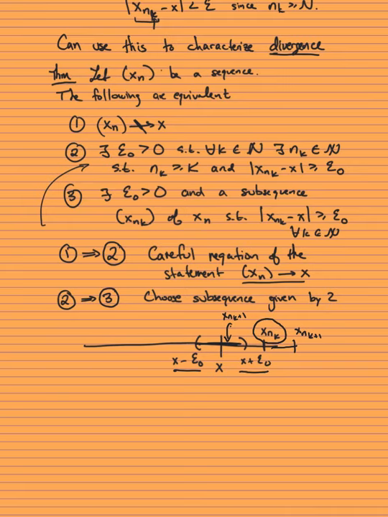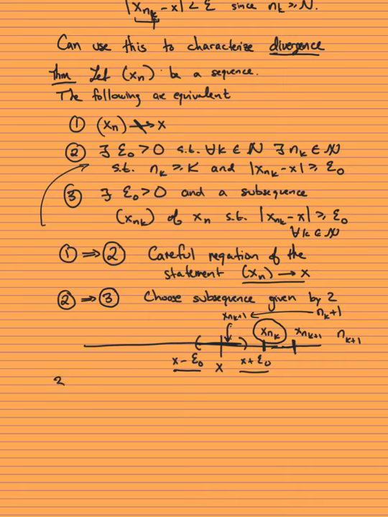Okay, that's slightly confusing. But what I'm saying is there could be many terms that are very close to x, but we know that there have to be these terms, if it doesn't converge, that are far away. And then the subsequence just says, look at the ones far away.